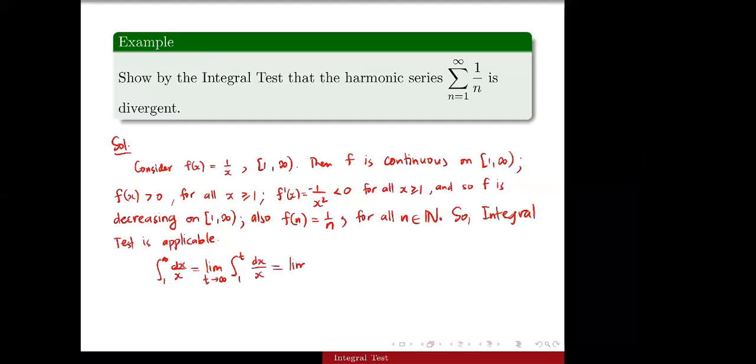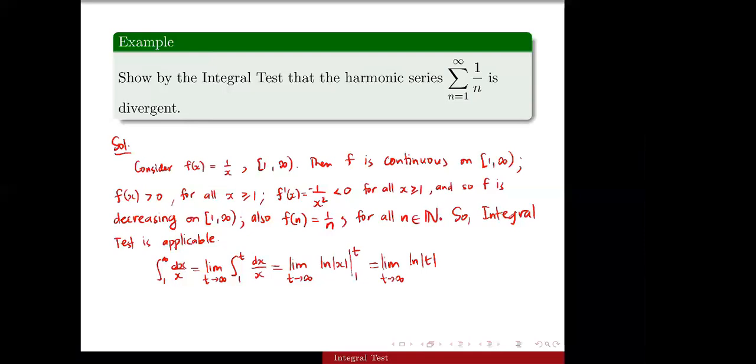But this is just the limit as t approaches plus infinity of ln of absolute value of x evaluated from 1 up to t, which is the limit of ln of absolute value of t minus ln of 1.